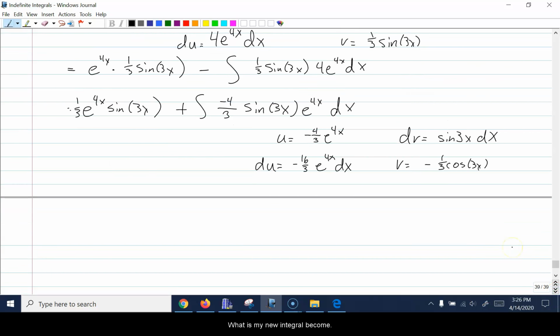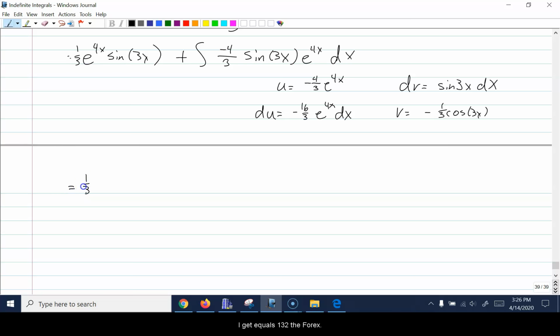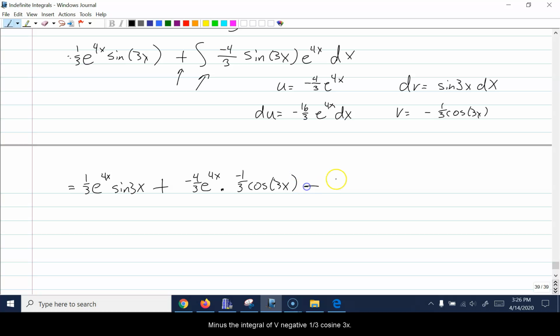What does my new integral become? I get equals 1/3 e to the 4x sine 3x plus, here, now I gotta use the integral by parts formula on this. I get uv is negative 4/3 e to the 4x times negative 1/3 cosine 3x, minus the integral of v, negative 1/3 cosine 3x, du is negative 16/3 e to the 4x dx.